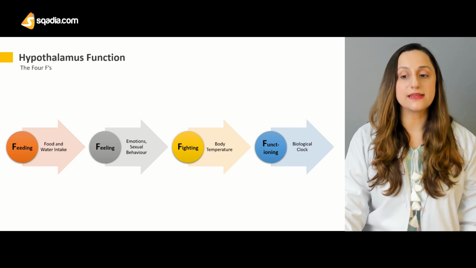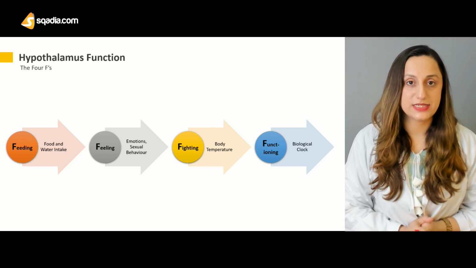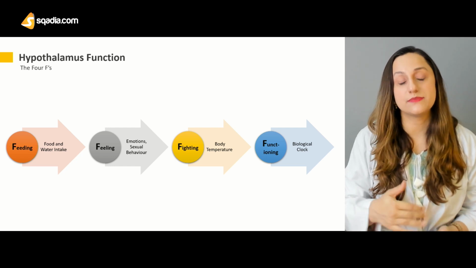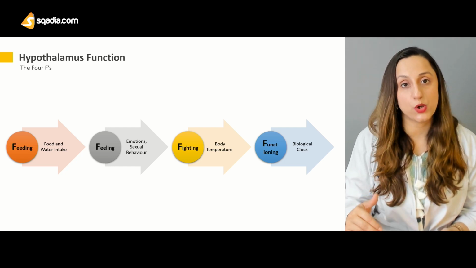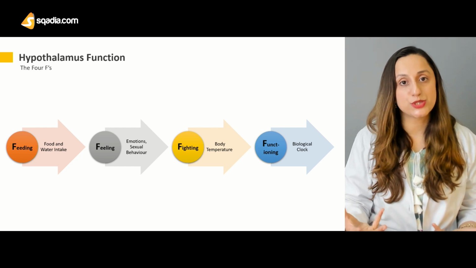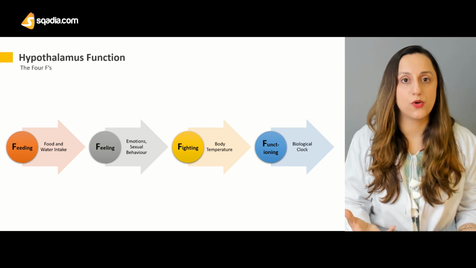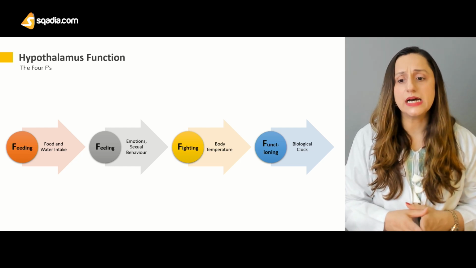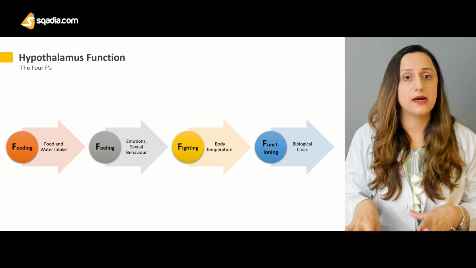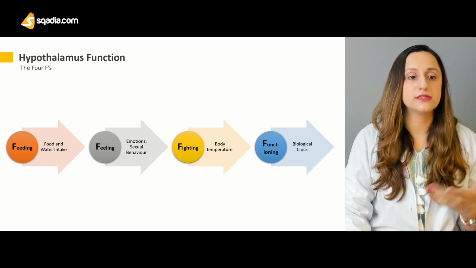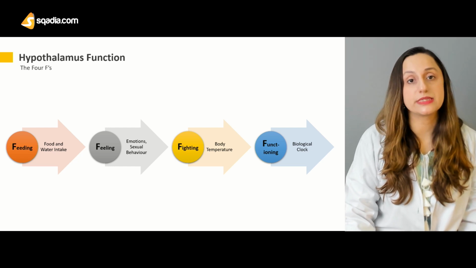The functioning, that is the biological clock, and we all know that certain hormones are under the control of this biological clock, the circadian rhythm, as it is also known. For instance, the release of ADH, the antidiuretic hormone, is again under the control of this hypothalamus located in this particular region. So these are the major functions performed by the hypothalamus.